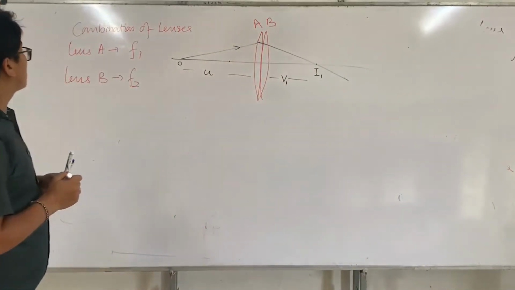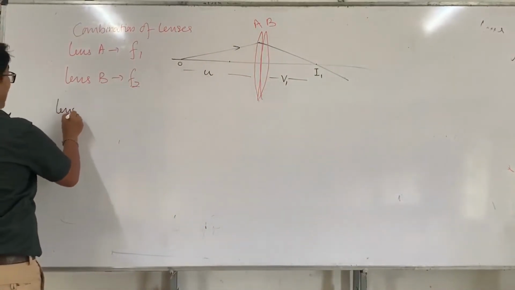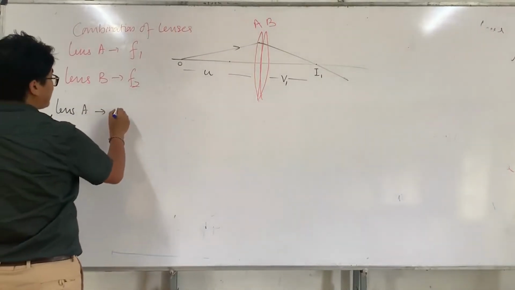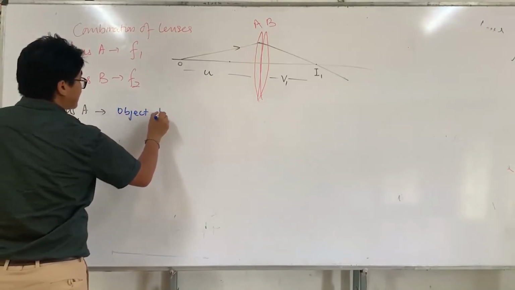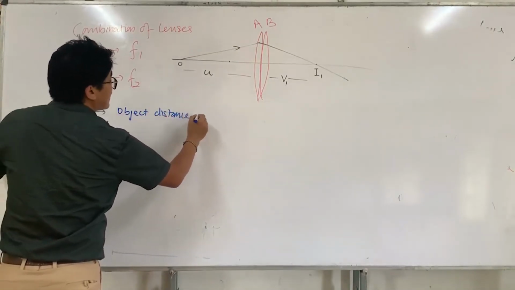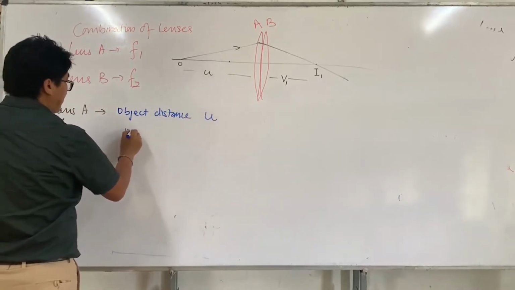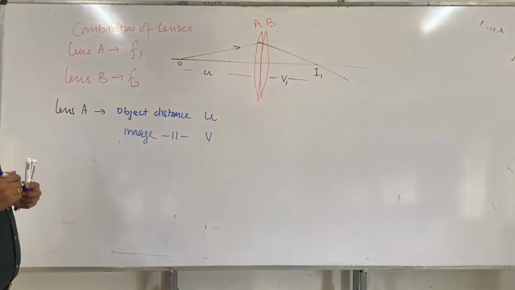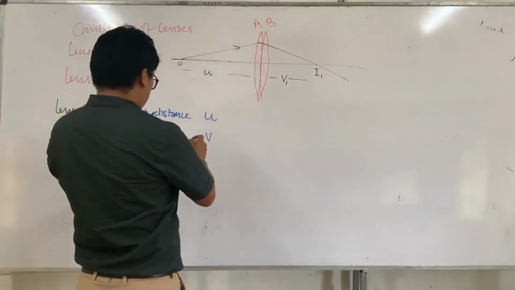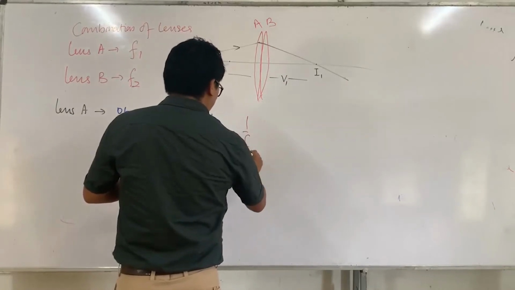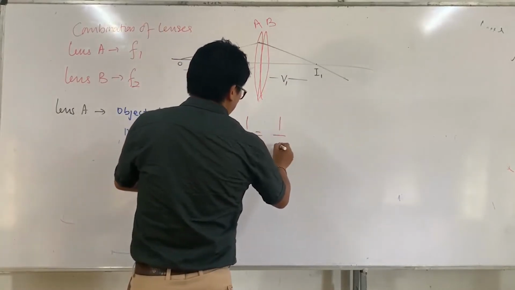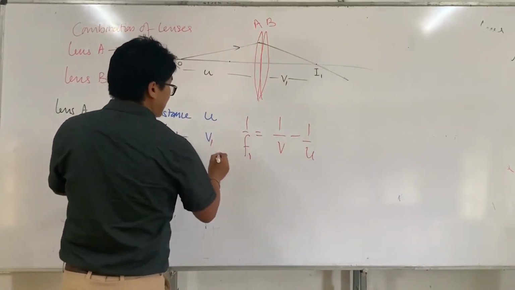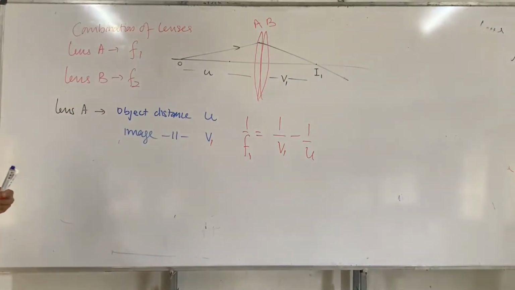All right, so for lens A, the object distance is U, the image distance is V1, and the focal length is f1. Therefore, what about the thin lens formula? 1 by f1 is equal to 1 by V1 minus 1 by U. This is for lens number 1.